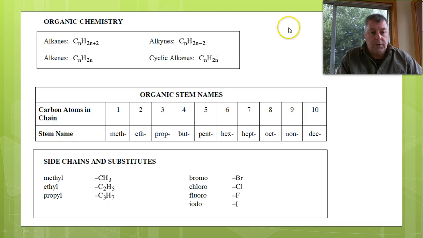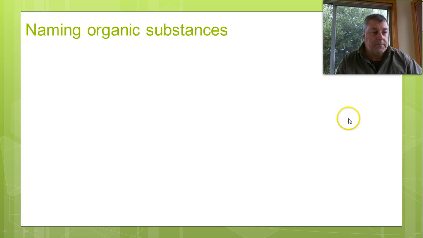So just make sure you've got this handy, because we're going to be using it a lot when we're doing these naming questions. So get out your information sheet and have a look at that page. Make sure you don't confuse it with another list of prefixes that we used when we were naming covalent molecular substances.